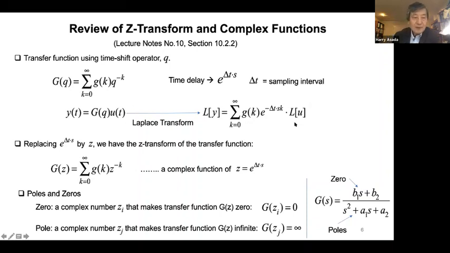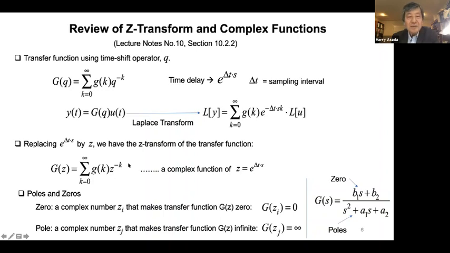Now replacing this particular term, exponential delta TS, by Z, we have the so-called Z transform, or the transfer function. Replacing it by Z, it becomes Z minus K.